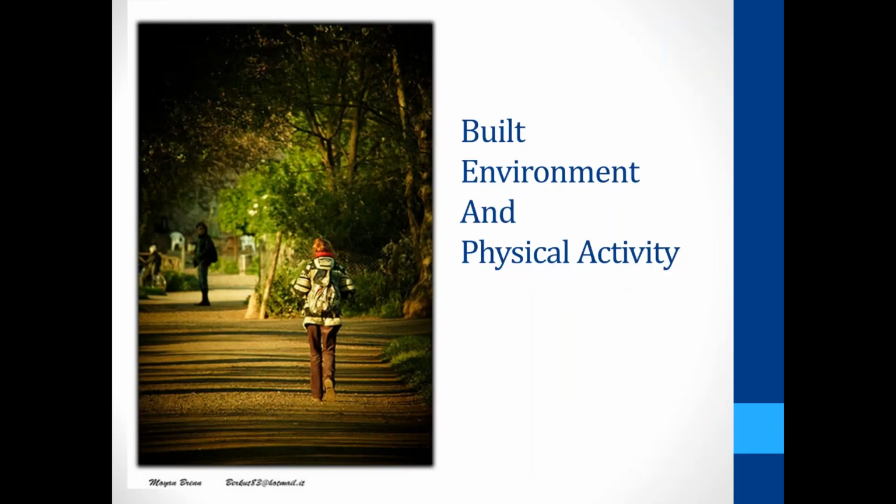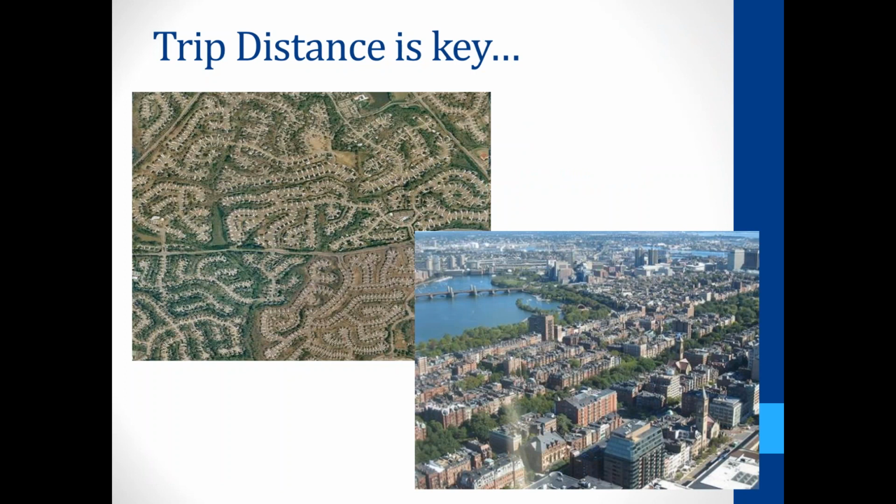So as mentioned, the built environment and physical activity, they're so connected. And trip distance is really key. In the image on the left, it looks almost like stitching, you know, but if you live in, say, one area of that cul-de-sac and little Johnny wants to go and visit his good friend Susie, who lives elsewhere in that development, again, likewise on one of those meandering cul-de-sacs, it's much more conducive to driving in that image on the left.